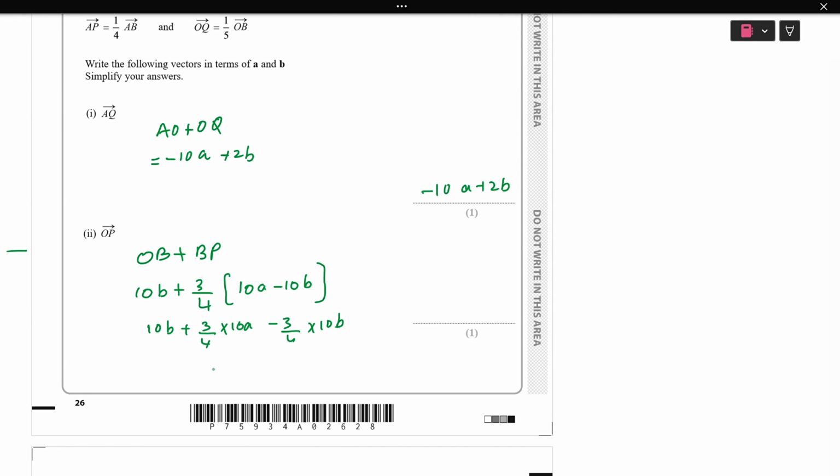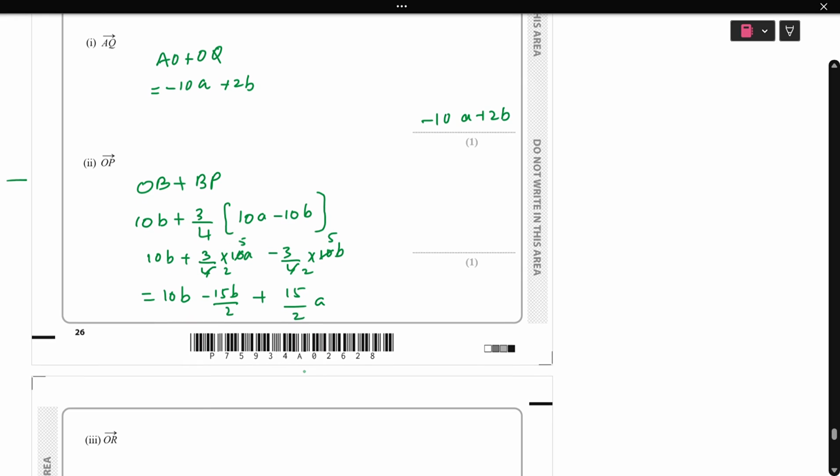So 10b minus 15b by 2, and here also the same, 15 by 2 a.